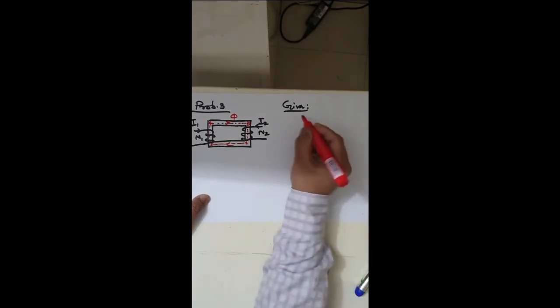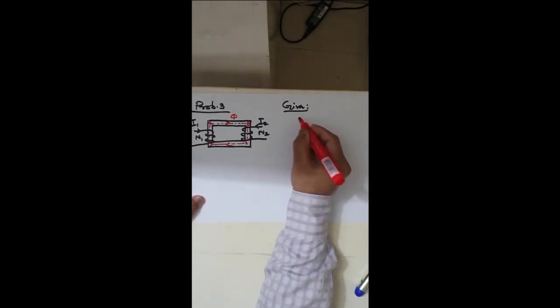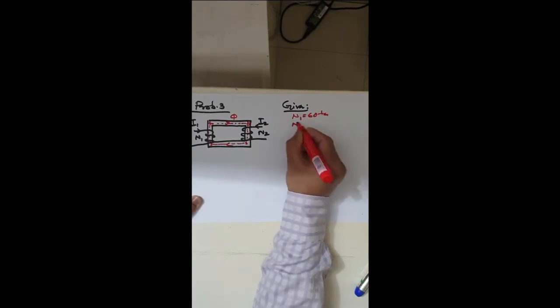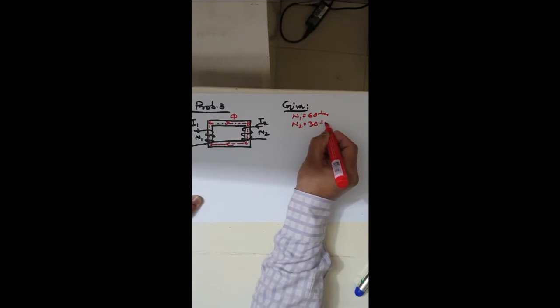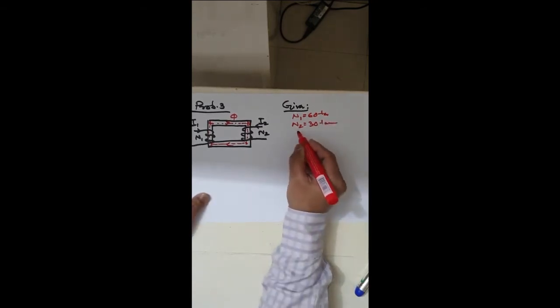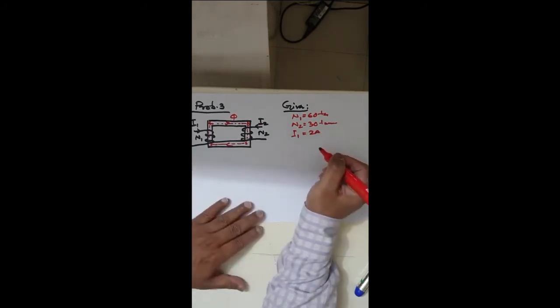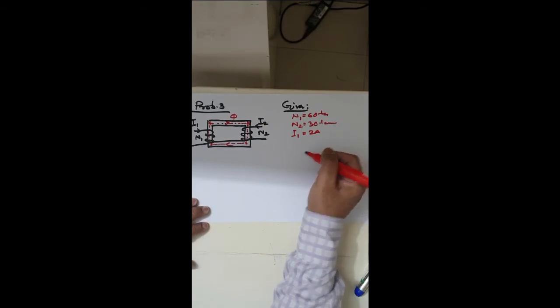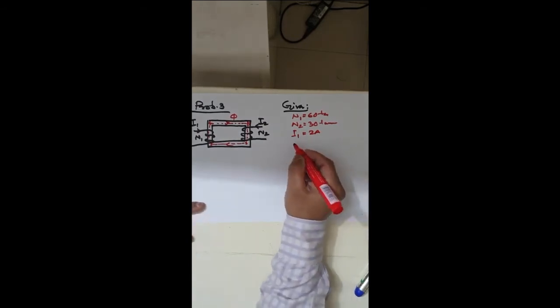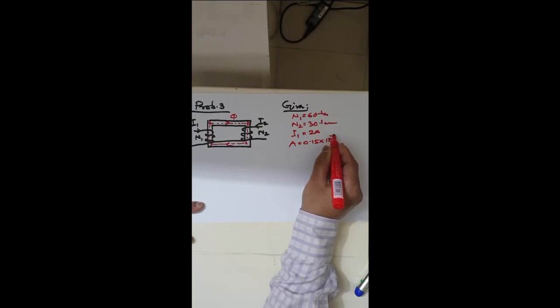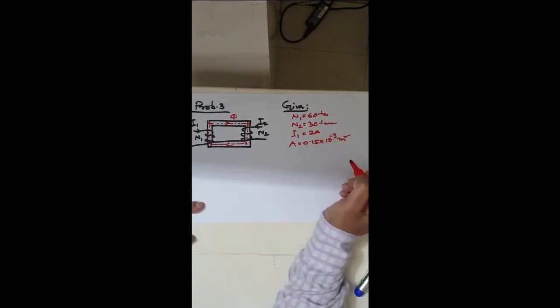So what are the things given here? The number of turns N1 is given here as 60 turns, N2 is given as 30 turns, and I1 is given as 2 ampere. The other thing given here is the cross-sectional area A as 0.15 into 10 to the power minus 3 meter square, and you can correct it if it's not clear in the sheet.